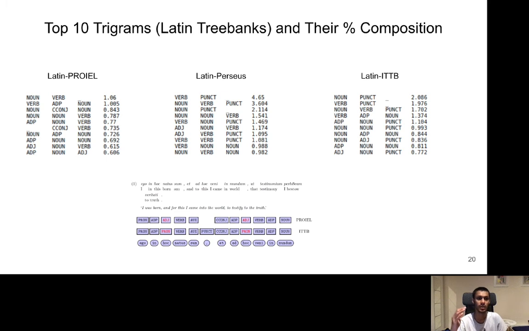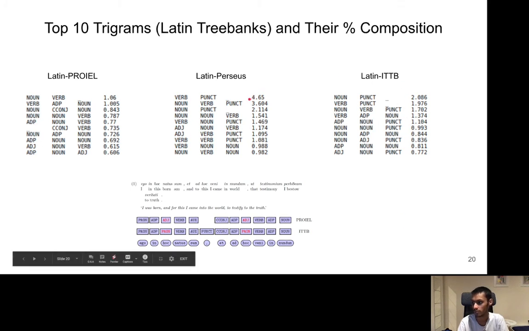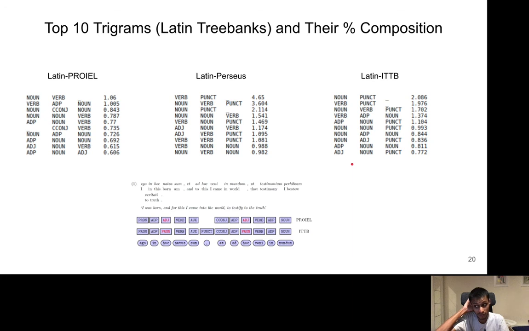To further show that the Treebanks are inconsistent in their annotation, we have the top 10 POS trigrams in the 3 Latin Treebanks. Over here, we notice that ITTB and Perseus have punctuation marks, punct being the POS for punctuation, present in the top 10.